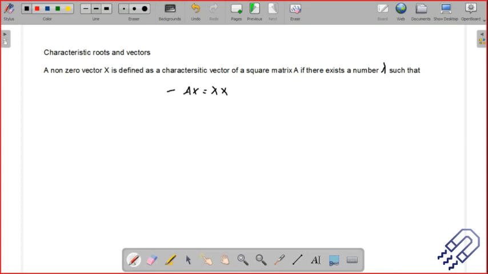If you go by this definition that we just had, this A is basically a square matrix, first thing. And then x is the characteristic vector.